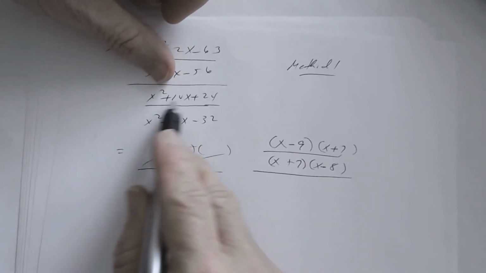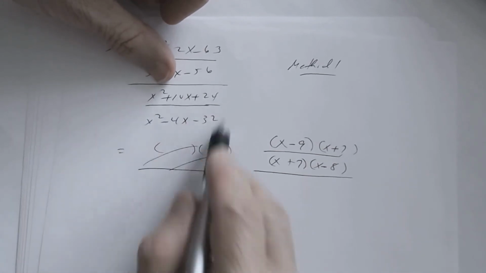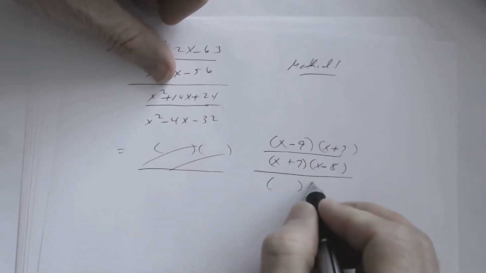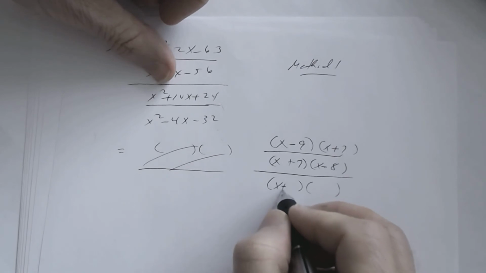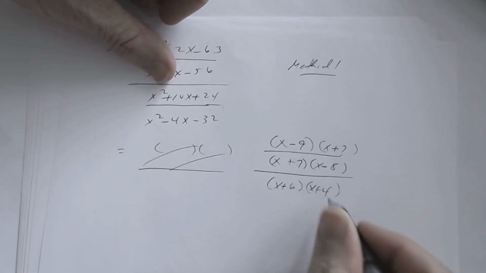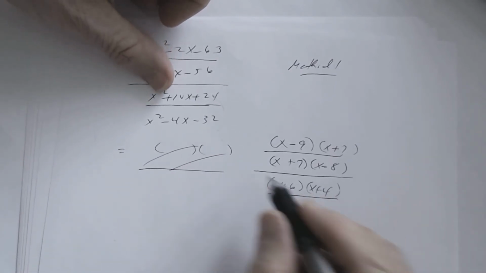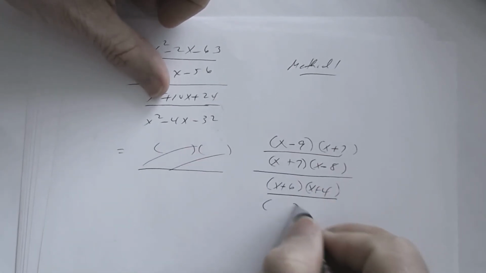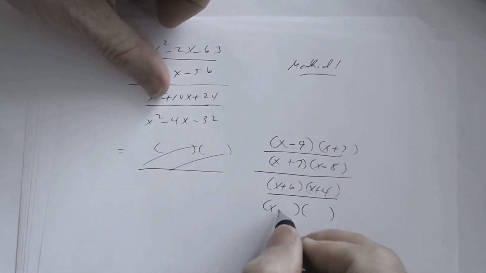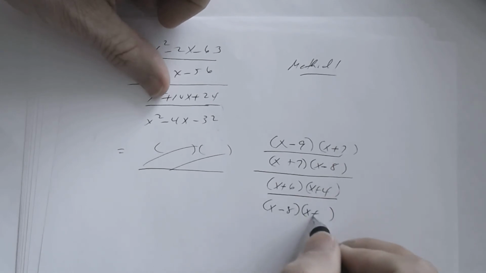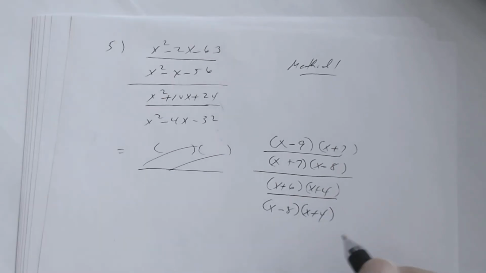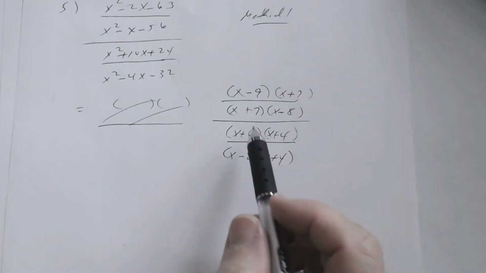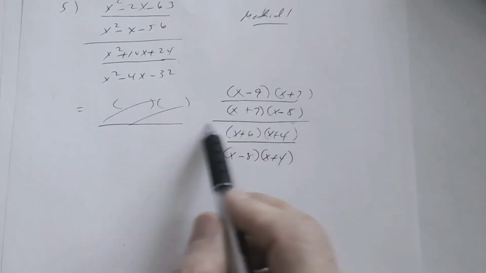For the numerator part of the denominator, we get x plus 6, x plus 4, divided by, and then for the denominator part of the denominator, we get x minus 8, x plus 4. Okay? So now I'm going to change this to a multiplication problem.